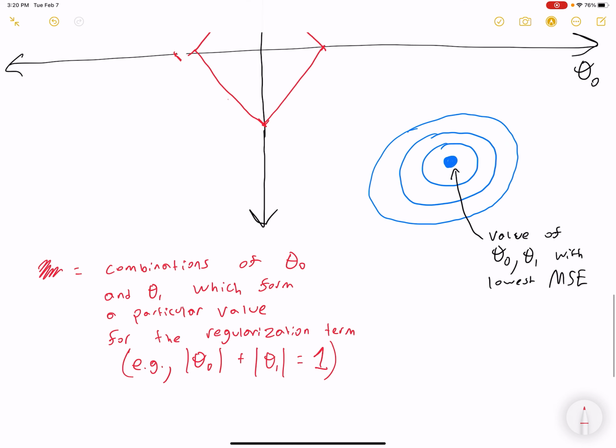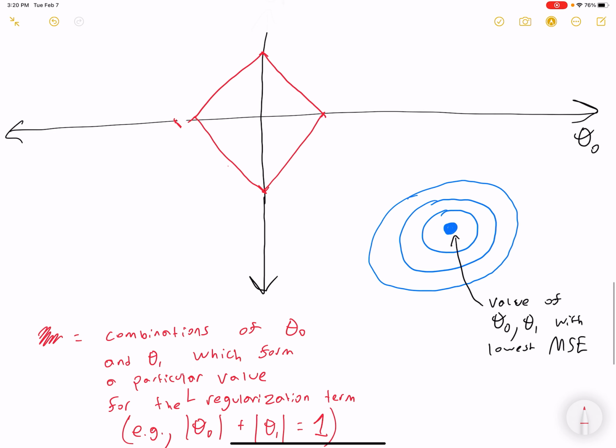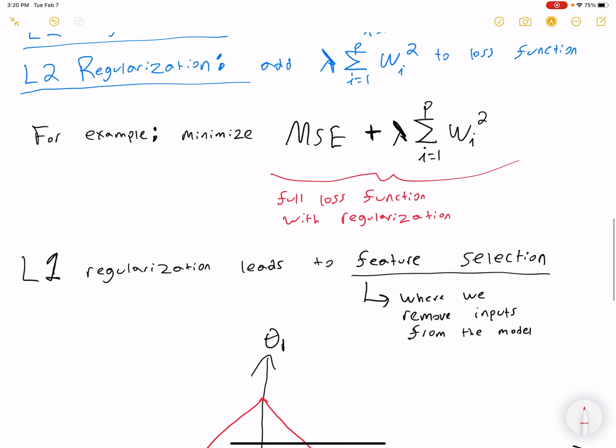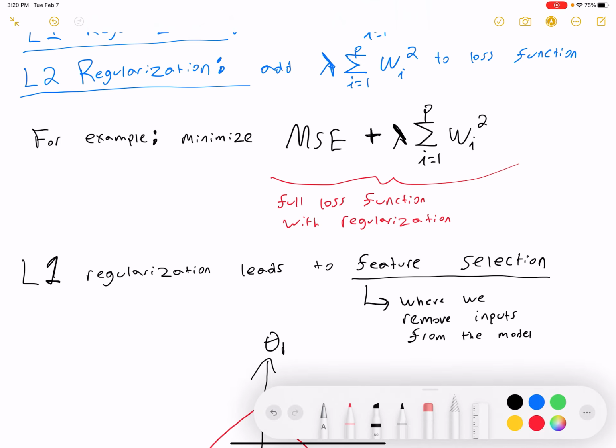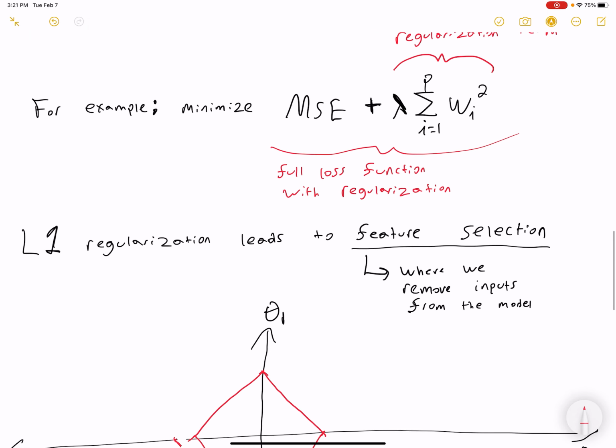So basically, as we increase our regularization, this diamond might expand or contract. When we're minimizing this entire loss function, this is the regularization. We're jointly optimizing these two terms.